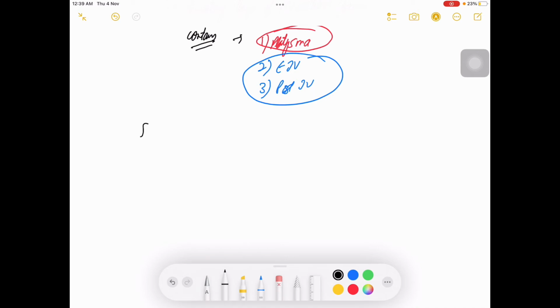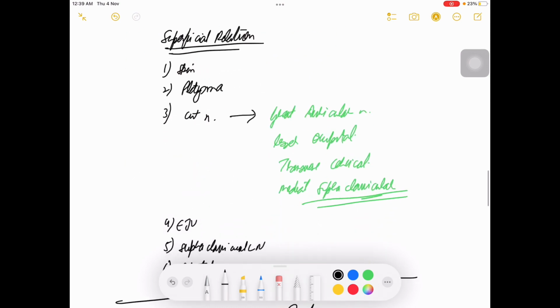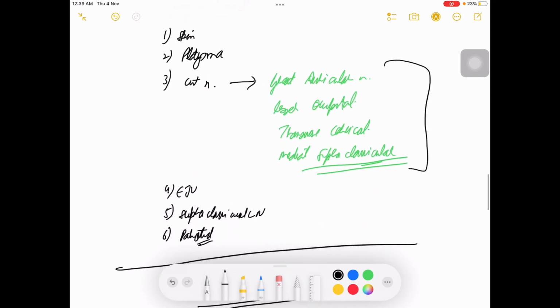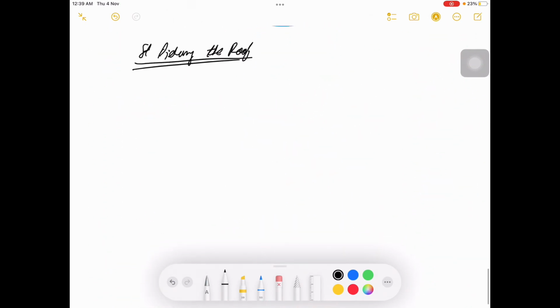Now structures piercing the roof. Remember those nerves that were piercing the sternocleidomastoid and were superficial to it? Those are going to pierce the roof over here.